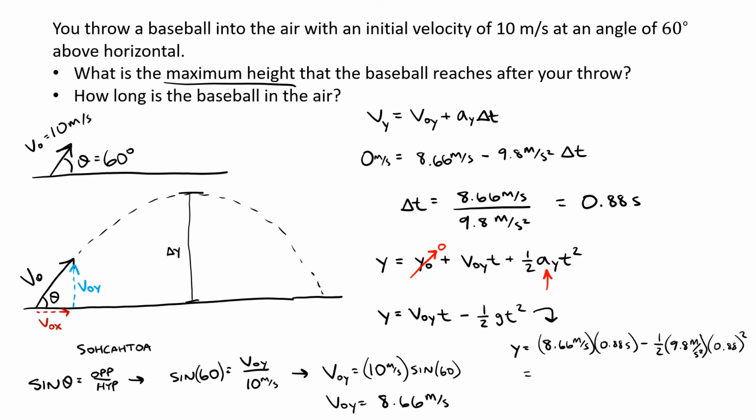So 8.66 times 0.88 is 7.62, minus 1/2 times 9.8 times 0.88 squared, which is 3.79. 7.62 minus 3.79, so we have a maximum height of 3.82 meters.